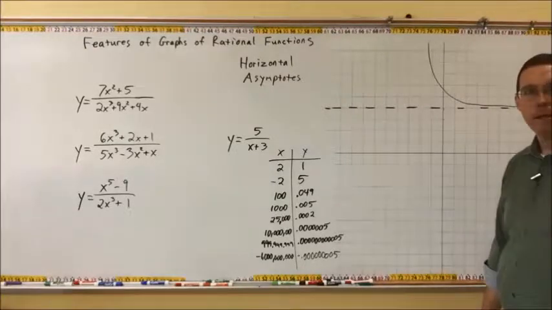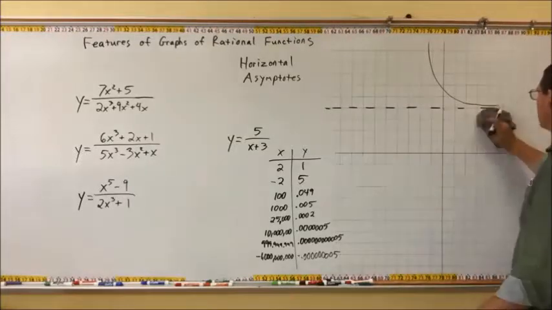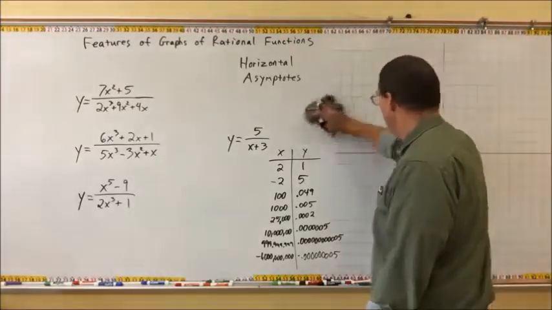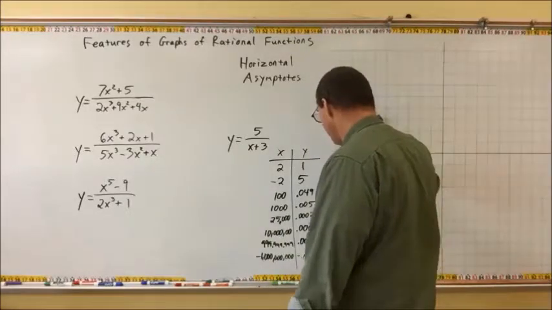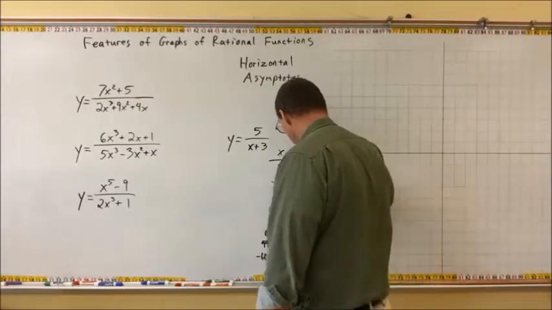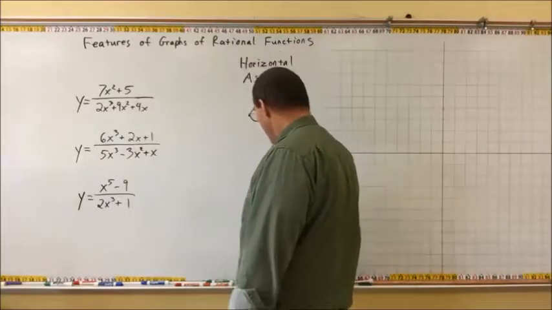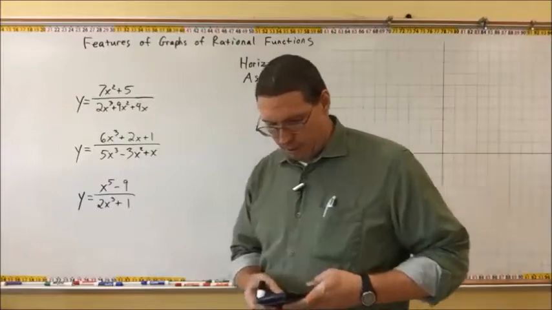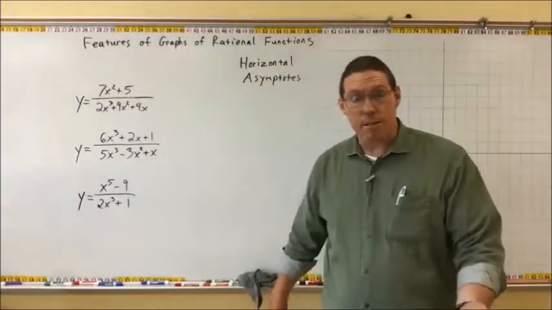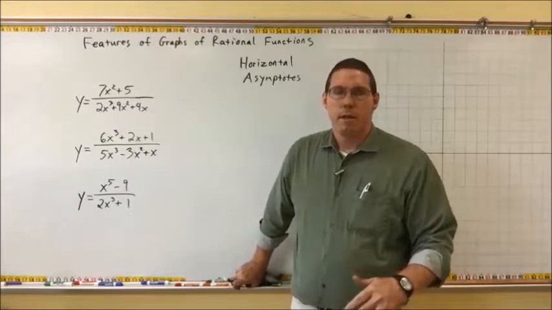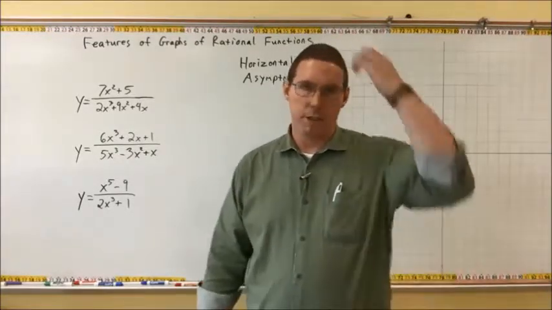I'll show you that in the next set of videos. Right now we're just learning about the features of rational functions. The cool thing about horizontal asymptotes is that it's actually very easy to identify one on a rational function.